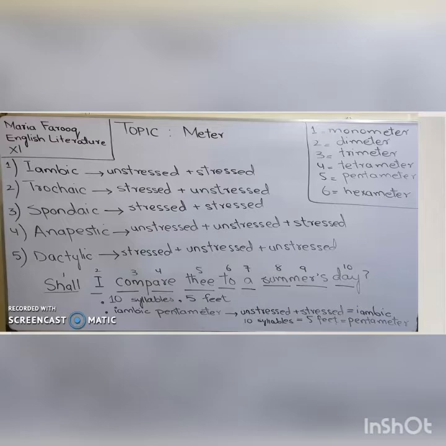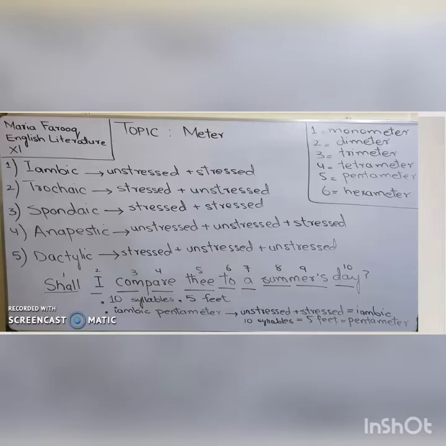First I read the line, shall I compare thee to a summer's day? My stress was more on I. So I got it that shall is unstressed and I is stressed. यहीं से पता चल गया कि this is iambic meter. After that, I count the syllables.